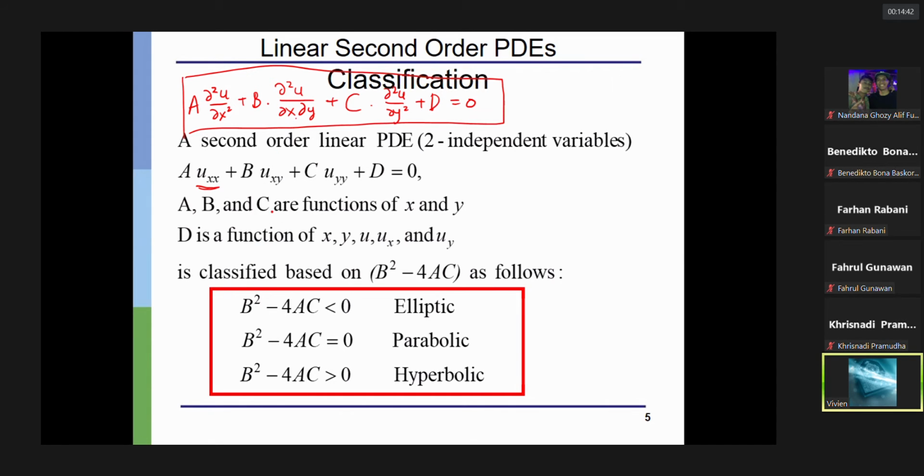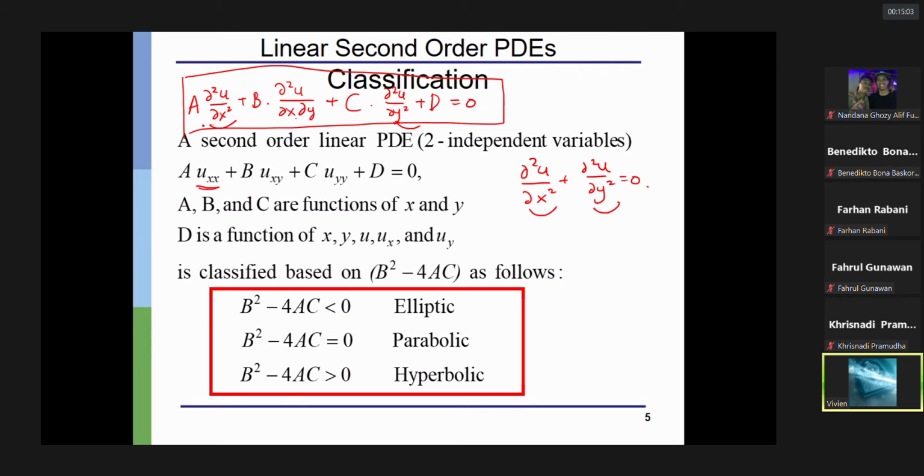For example, before we had the Laplace equation, in which del squared u over del x squared plus del squared u over del y squared equals 0. We can see that this is the same term, and this one is also the same term.